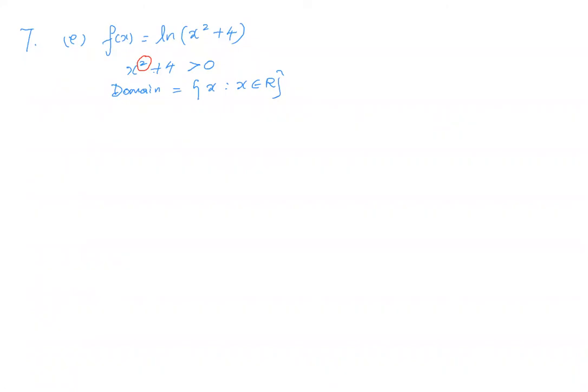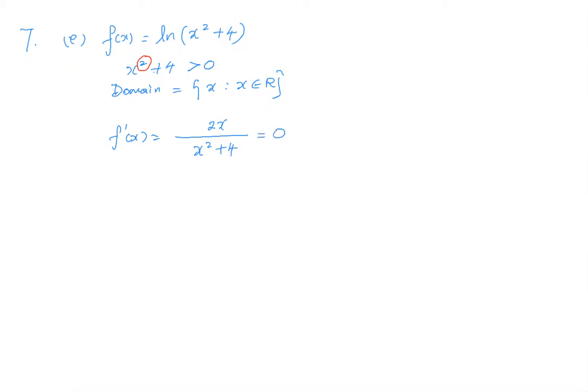Now can you please get your f prime x and work on it? So the f prime x will be 2x over x squared plus 4. If we want to draw the sign diagram, first of all we have to put f prime x equal to 0.